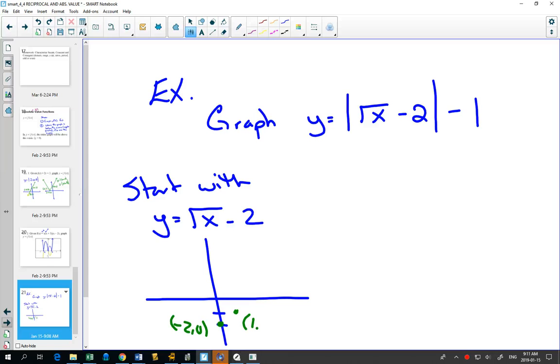It now has 1, negative 1. And it has 4, 0. So I took my square root graph and I just moved it down 2 units. Yes? Yes, it would be 0, negative 2. Thank you.